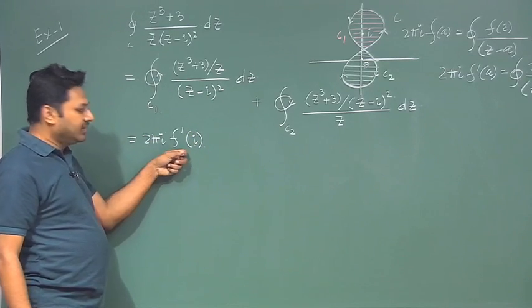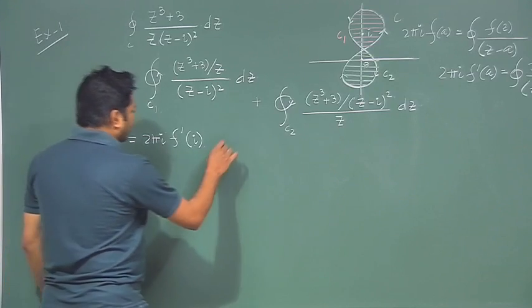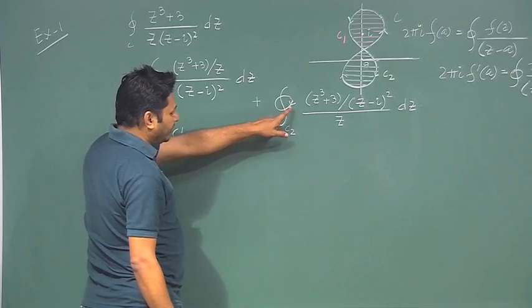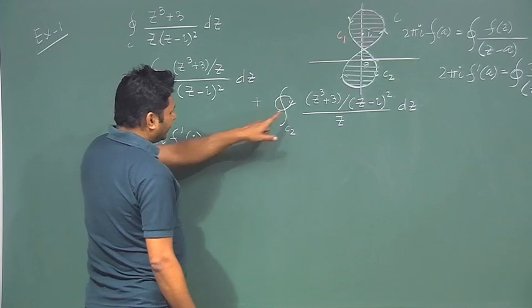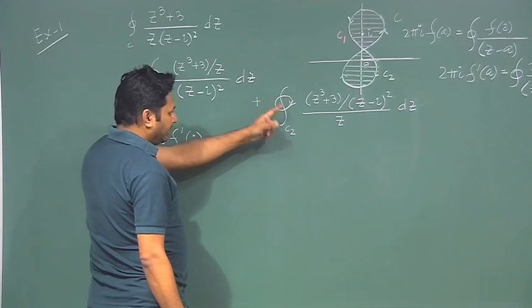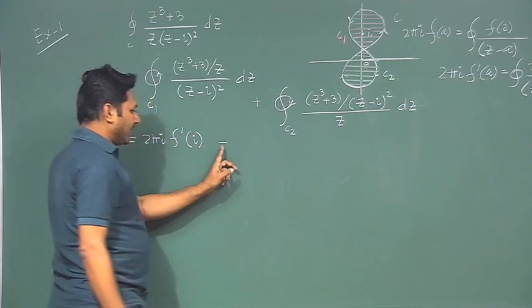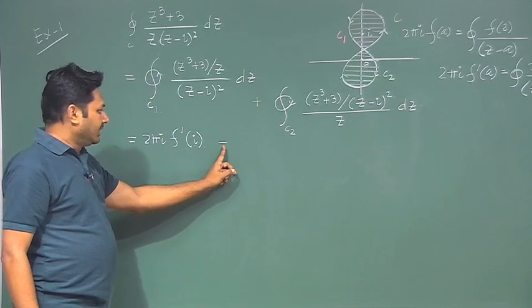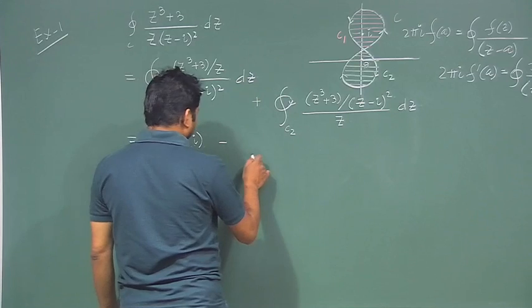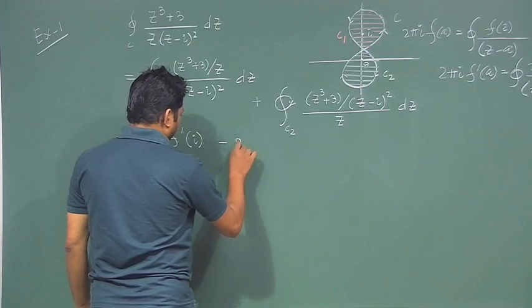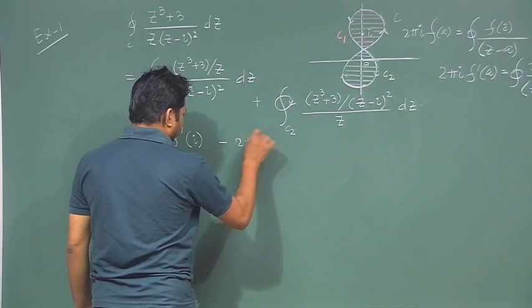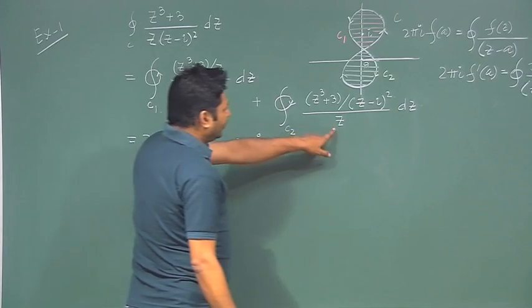I need to calculate this one, however, minus, because I am now going to change this symbol. This is in the clockwise direction, I need to make it anti-clockwise. That is why it should be a negative sign. Then 2 pi i in C2, z equal to 0.